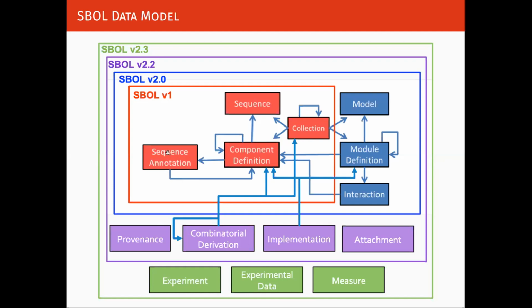For example, component definition and module definition are going to be merged into one class, because they really are very similar in what they express. And in addition, they're not going to be called component definition and module definition. They're going to be called component, and you'll have components and subcomponents, basically. So there's a bunch of little things like that; I think the next time I give this webinar, it will be a little bit easier with some of these things.